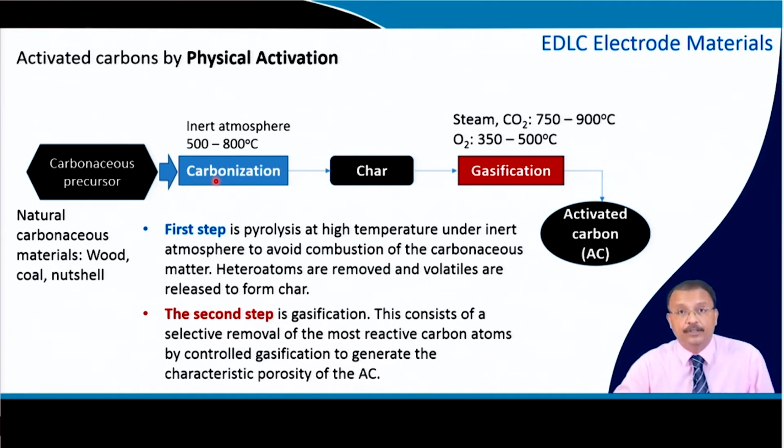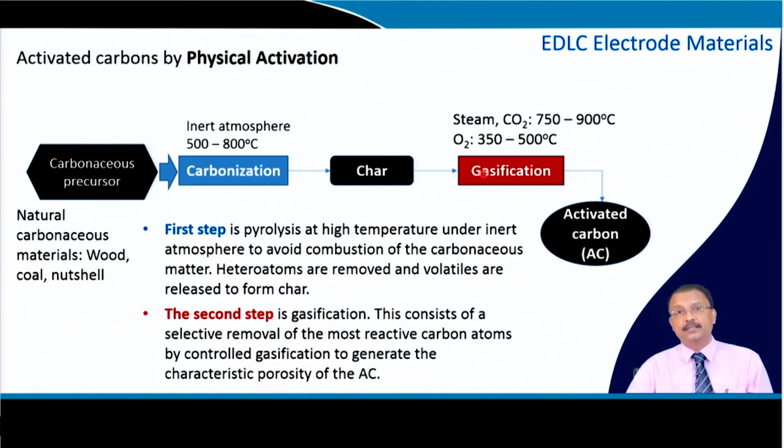So, it will not undertake any combustion, and all the heteroatoms are removed, and also the volatile matter is removed, and it basically forms a char. So, this char is formed, and then there is a second step. In the second step you do gasification. What you do is selective removal of the most reactive carbon atoms, using either steam or carbon dioxide.